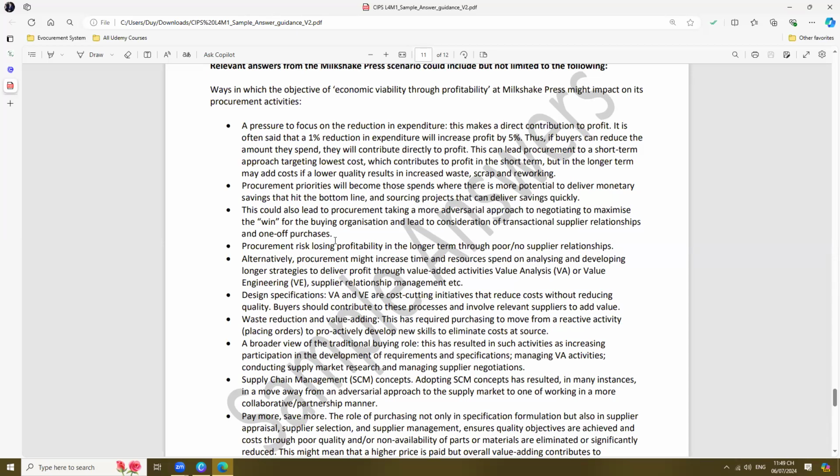The procurement team may be too focused on the additional expenditure. They may ignore the potential opportunity to collaborate with the supplier, or the opportunity to expand the market in China.